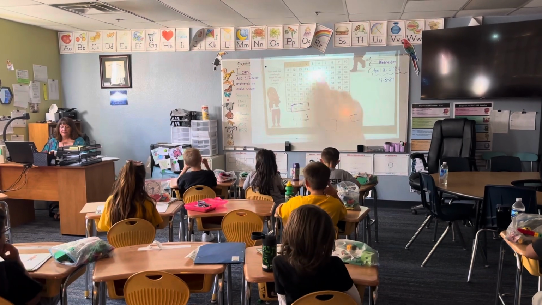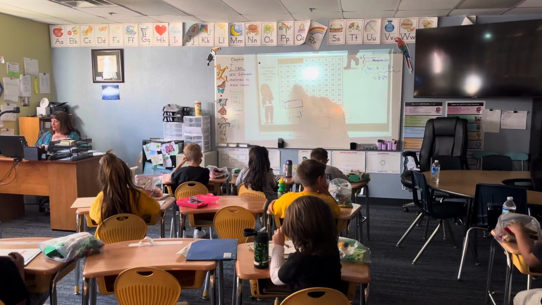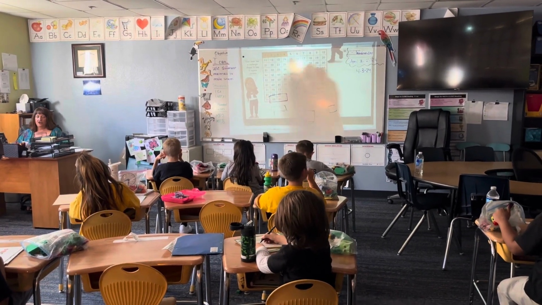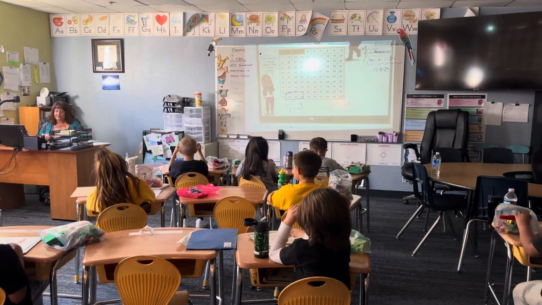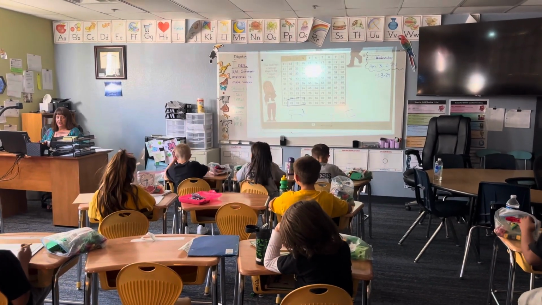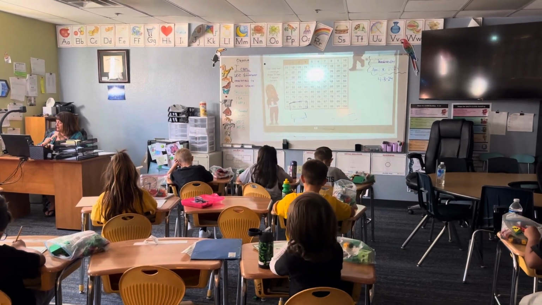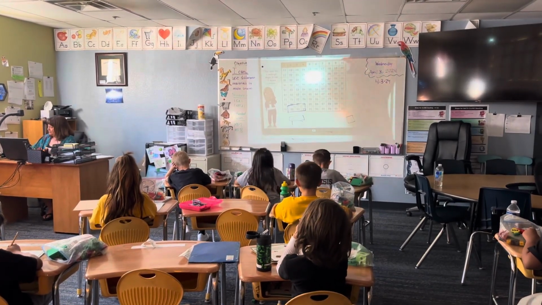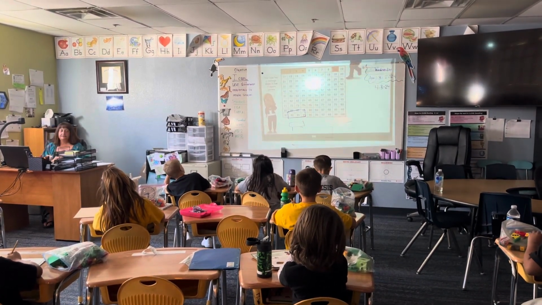Okay, so I'm going to give you a few minutes and I want you guys to color in some. And then we're going to share. So find some rectangles and squares in this chart here. Color it in. For example, if I colored in number 9, what is that?